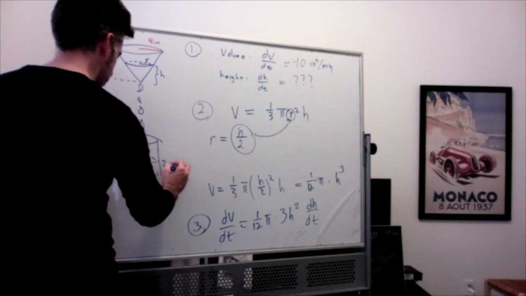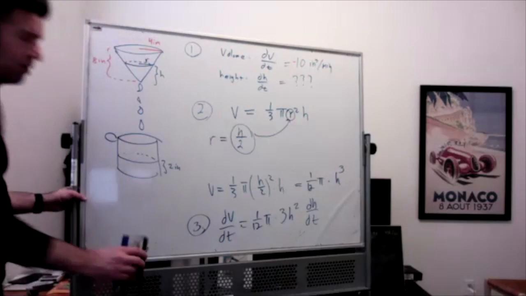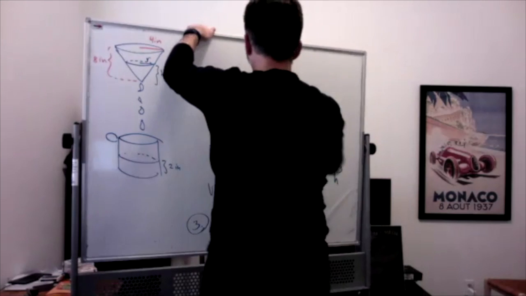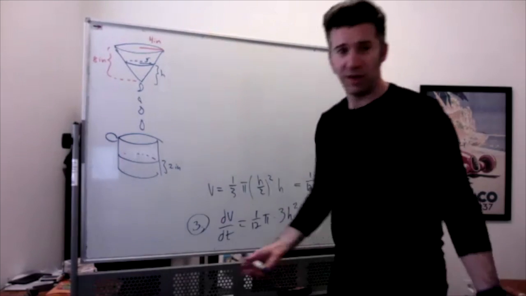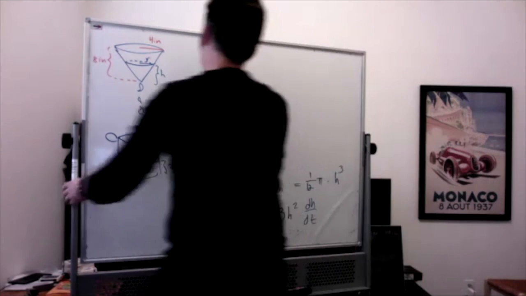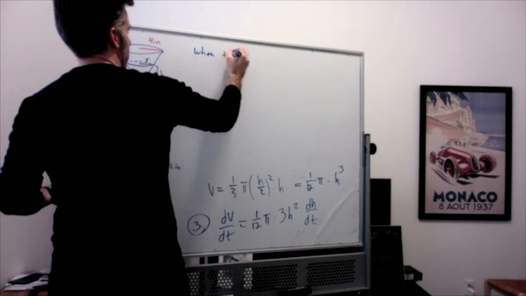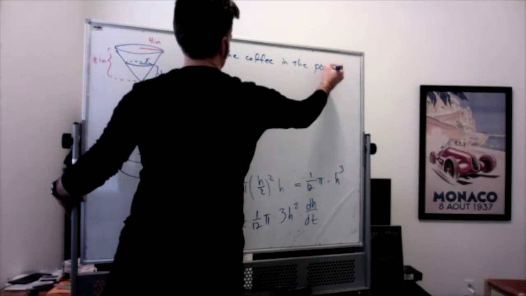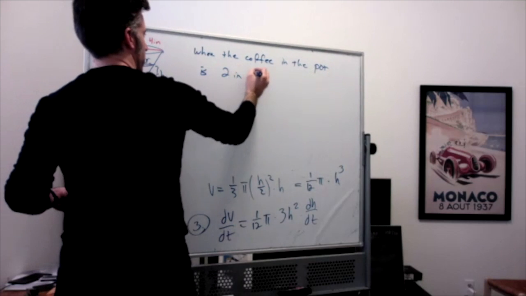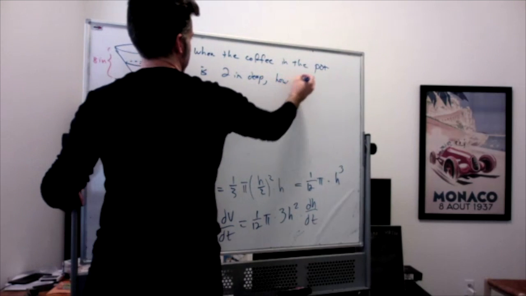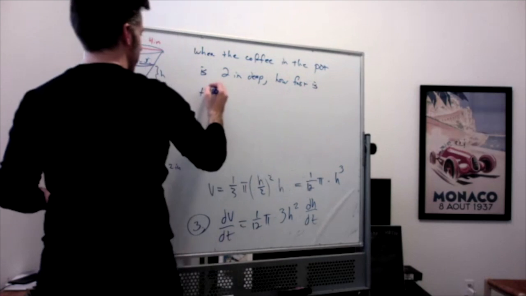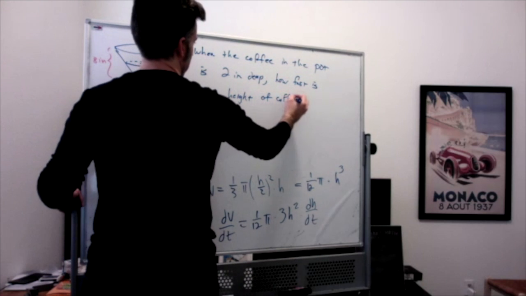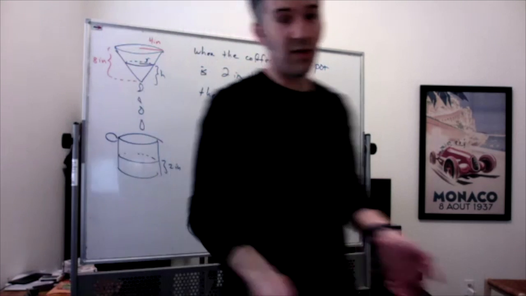So, when the depth of coffee is 2 inches in the pot, or I could say that more like a normal person, when the coffee in the pot is 2 inches deep, how fast is the height of the coffee, or the depth of the coffee, or the liquid level increasing?